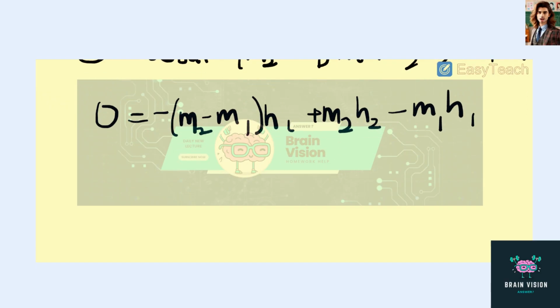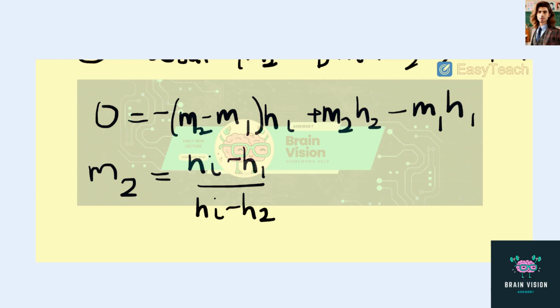Now I'm going to solve for m2, and we'll see that m2 is equal to (hi minus h1) over (hi minus h2) times m1. Remember that we know all of these quantities: we know hi, h1, and h2, and we also know m1 because it's given to us. After we plug in those known variables, we get an m2 of 29.07 kilograms.